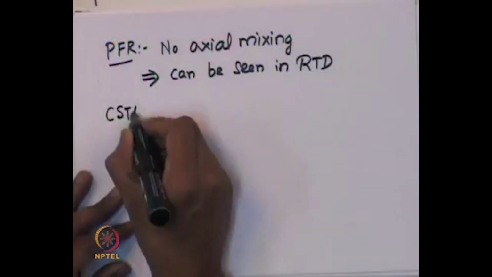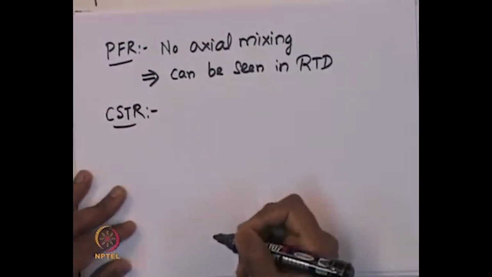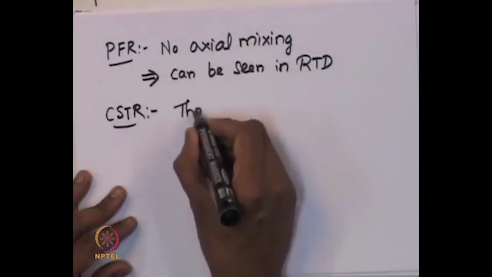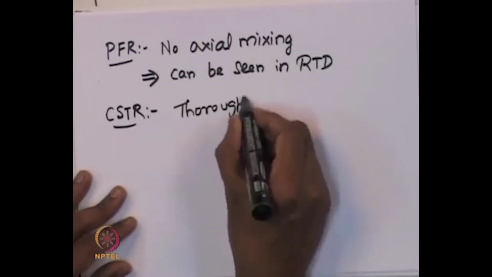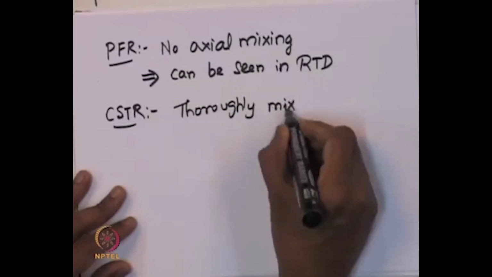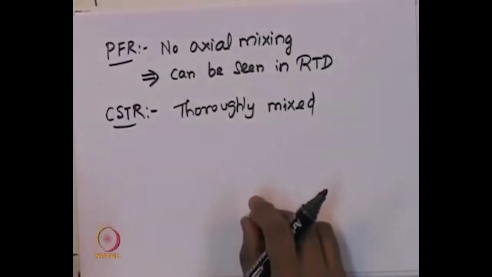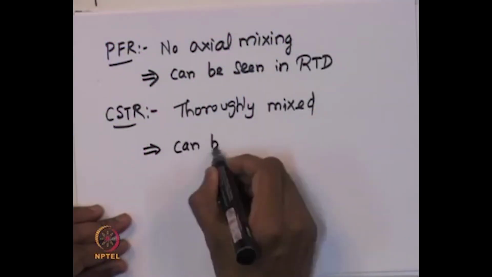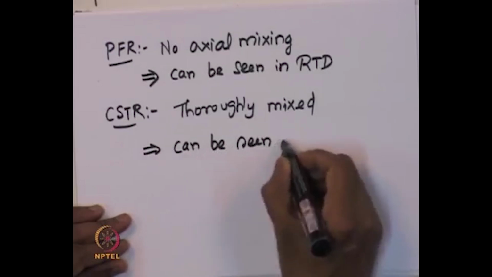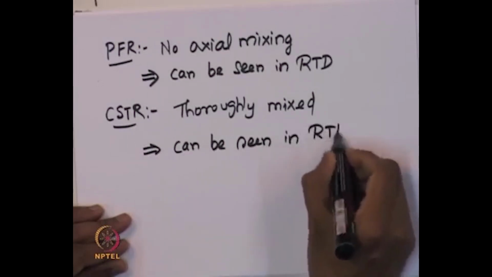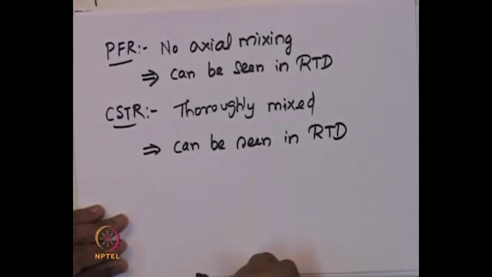And let us look at the CSTR. The CSTR is thoroughly mixed, which means that the concentration of the species inside the reactor is going to be uniform at all times, and that can also be seen in the residence time distribution of the reactor.